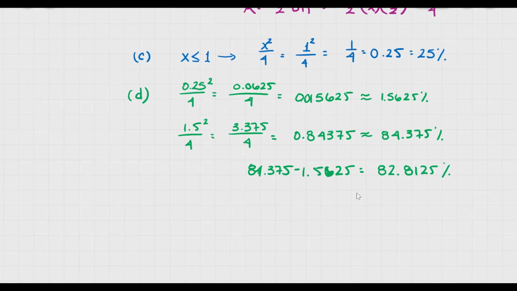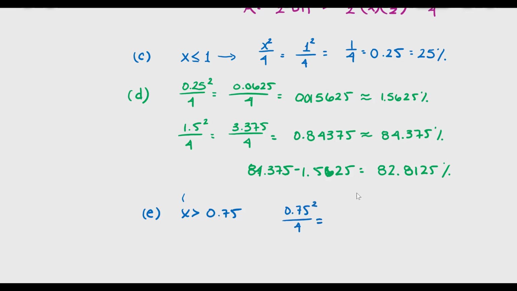And then finally we have part E that asks you to find where x is greater than 0.75. So we're going to do the same thing. Remember, when we compute this using the area formula, it gives us everything to the left. So let's figure that out first. We get 0.75 squared over 4.